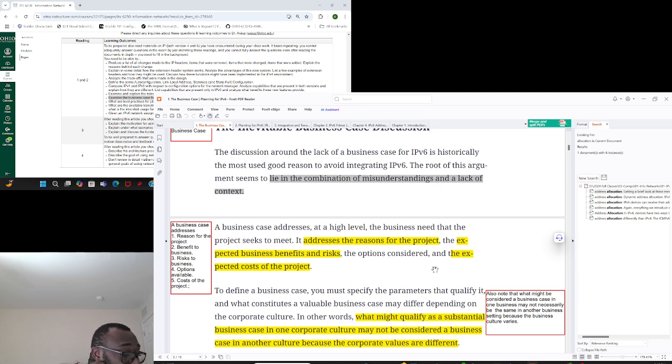So if we really want to talk about the business case for IPv6, the first thing we like to talk about is that it's an evolution of the internet. And once it's an evolution of the internet, everybody must necessarily join the race. And remember that a time is coming where you are going to have both IPv4 and IPv6 connectivity.